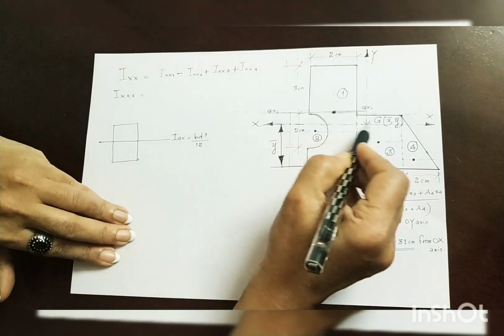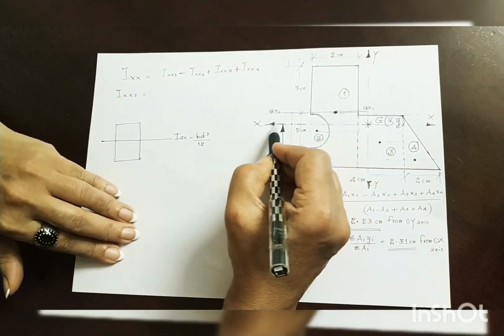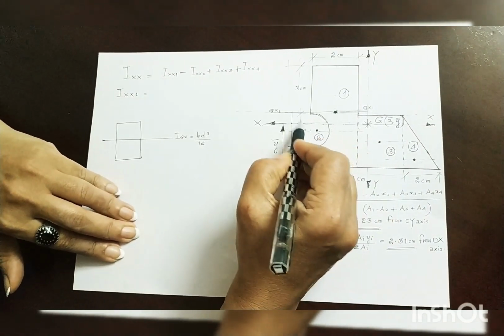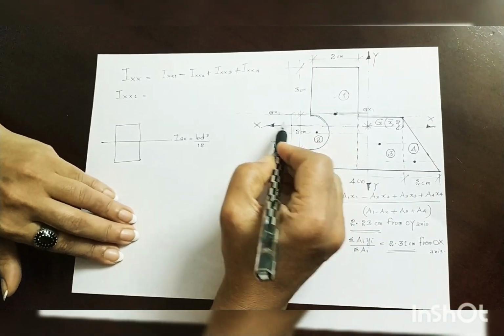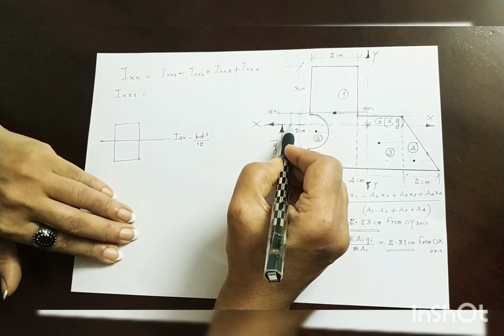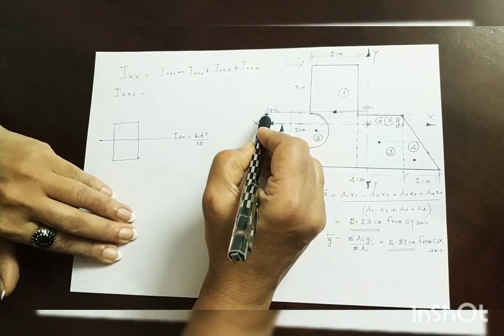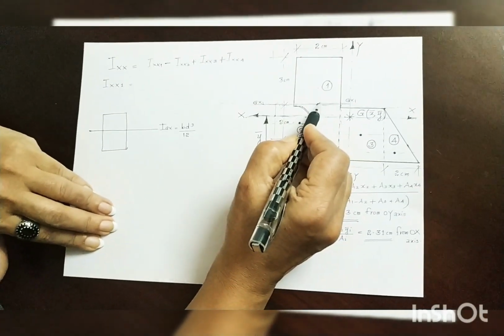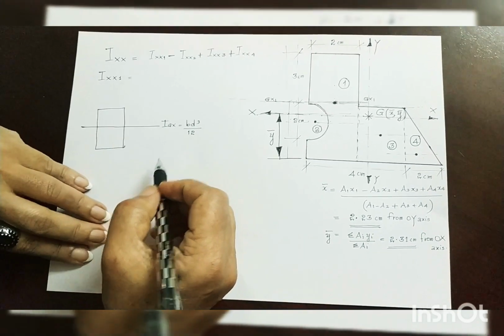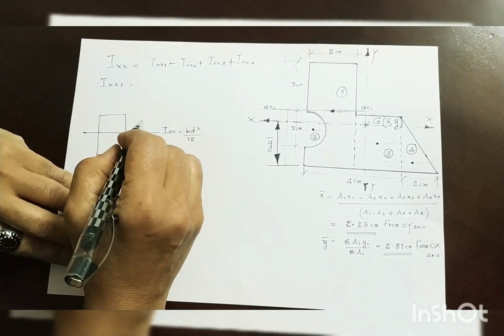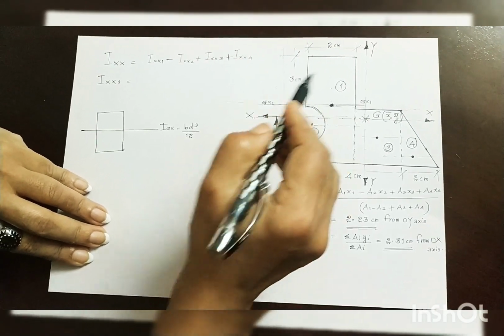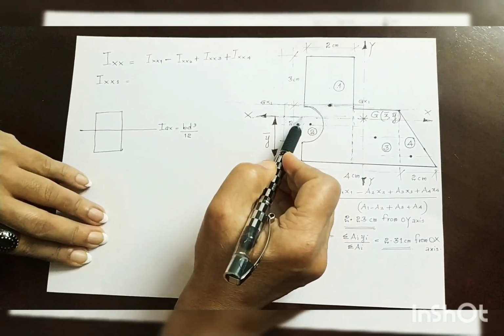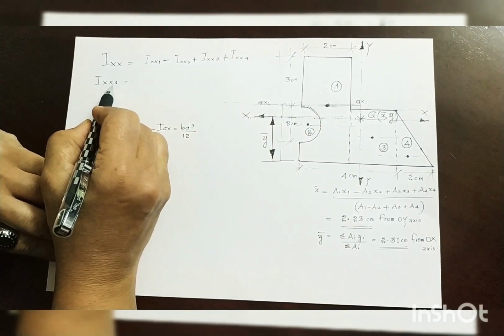The axis which we are talking about now is another axis which is parallel to this axis and at a certain distance from it. Or rather, this is a parallel axis to the own centroidal axis of figure 1. So here we have to apply the parallel axis theorem and find the moment of inertia of 1 about the xx axis, or rather Ixx1.